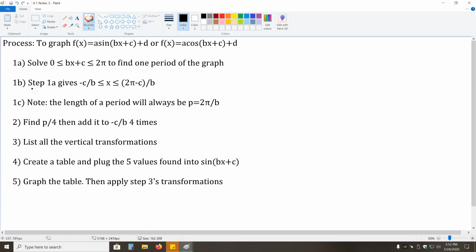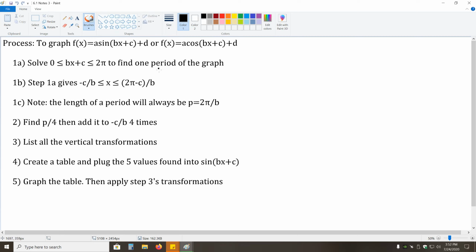From there, it's a quick note. We just need this notation to say that step 1a, the first step, gives negative c over b is less than or equal to x, which is less than or equal to 2 pi minus c all over b. And from there, the length of a period will always be p equals 2 pi over b.